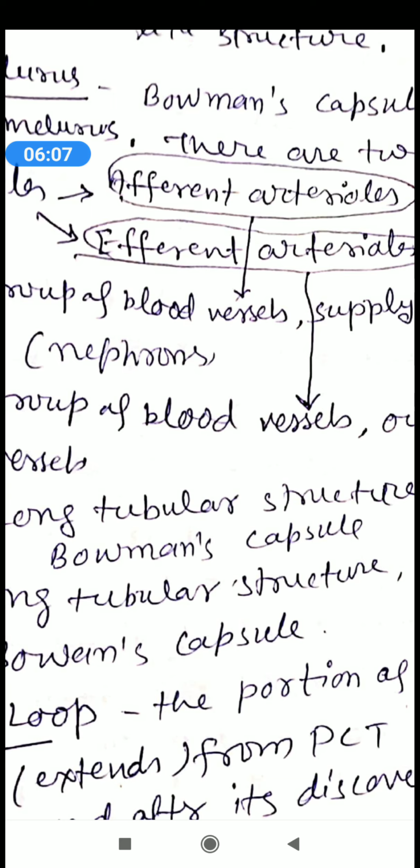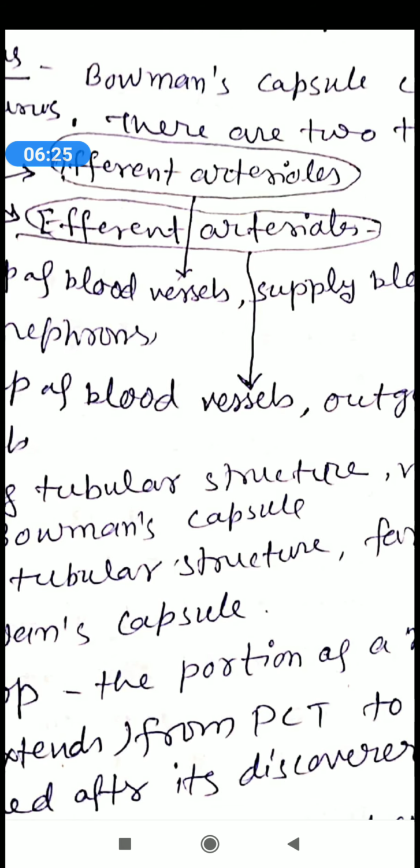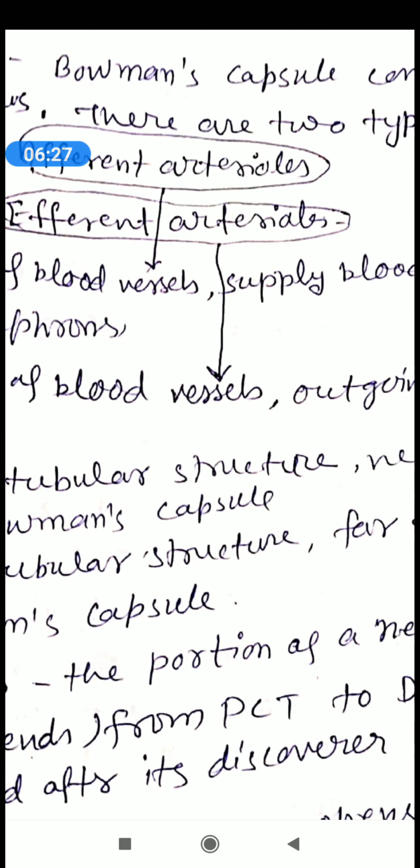After this, two long tubular structures. One is PCT, a long tubular structure near the Bowman's capsule, and DCT, a long tubular structure far from the Bowman's capsule.